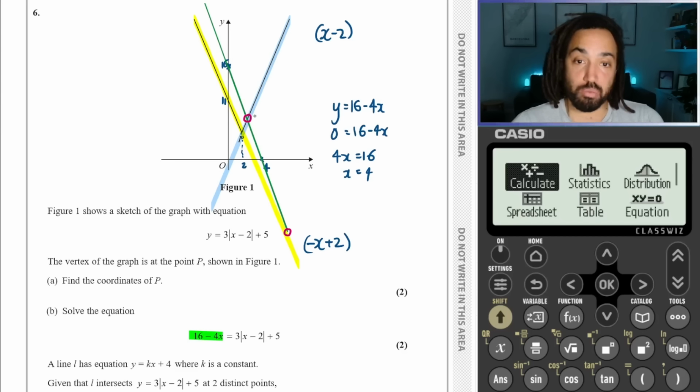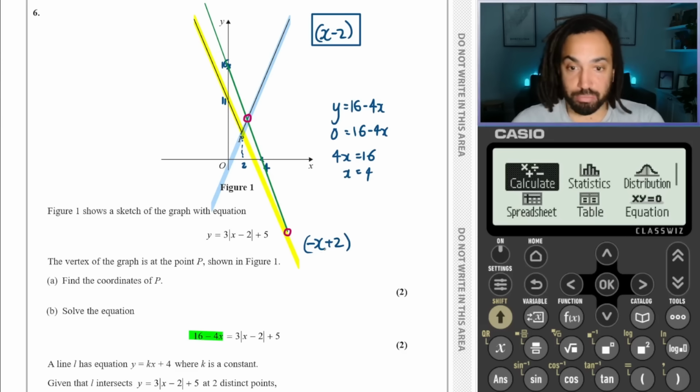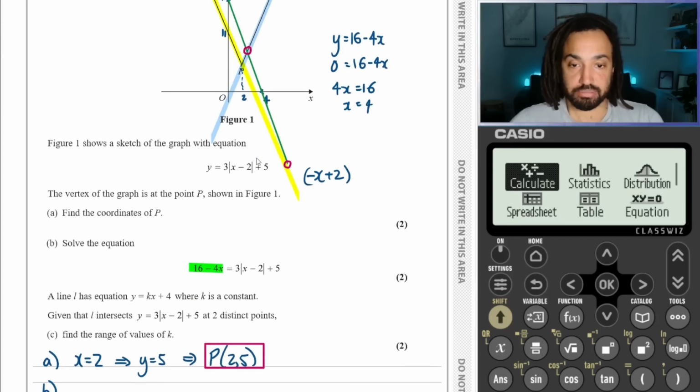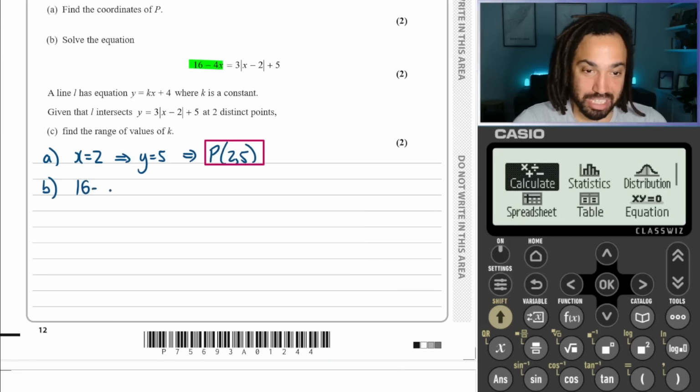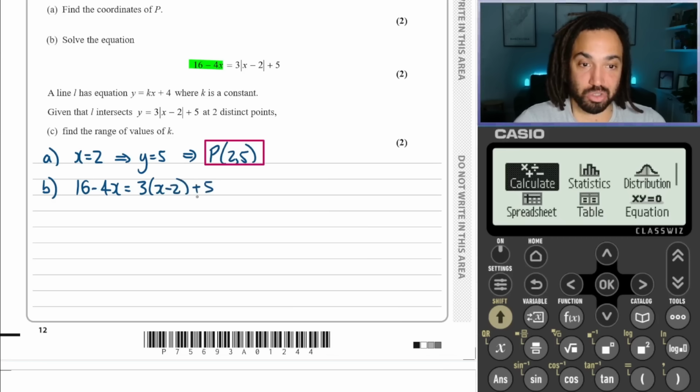So the one that we want is on the blue, and that is when we just keep the modulus bracket exactly the same when we solve. The one we don't want is when we flip the modulus around to negative. So after all that, all we need to do is solve this equation with the bracket just normal.